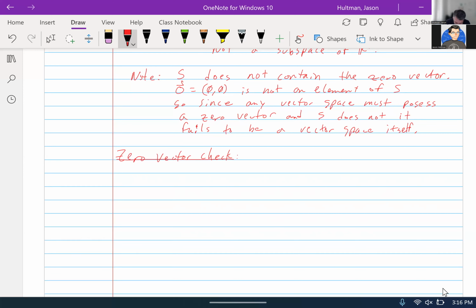The 0 vector check is: if a subset S of a vector space V fails to contain the 0 vector, then it cannot form a subspace.